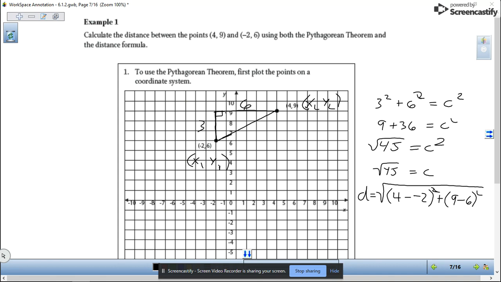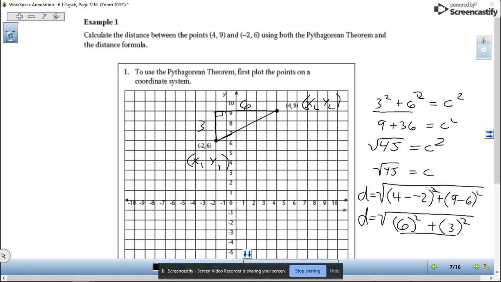Okay, you should see some things start to stand out when we do this and simplify a little bit. So 6 squared plus 3 squared. This part goes back to this part. 6 squared plus 3 squared, 3 squared plus 6 squared, same thing, right?